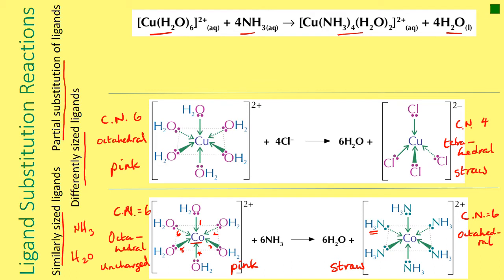Let's consider the features. This copper aqua complex here has an octahedral shape, and it is pale blue coloured. Whereas our complex that has both ammonia and water ligands is also octahedral, but it's elongated octahedral, slightly different shape, a longer shape.